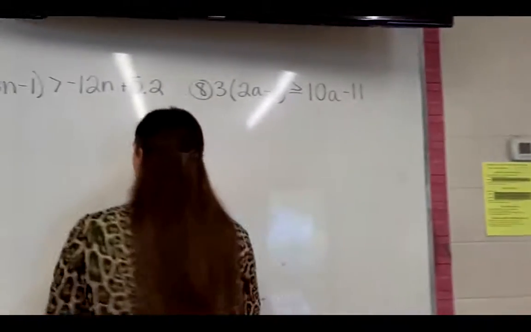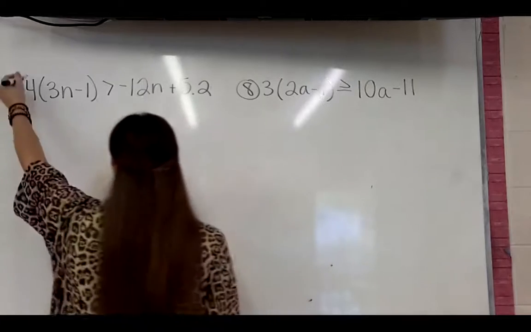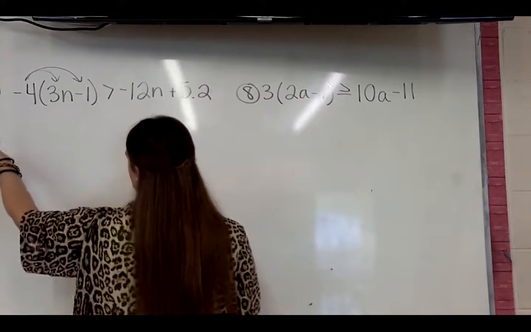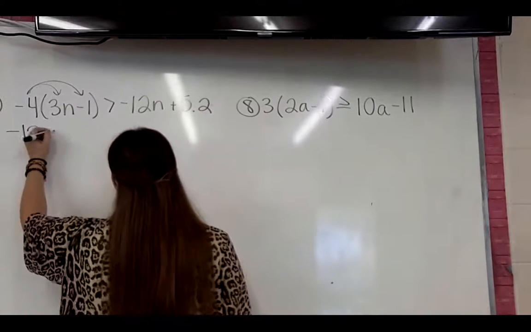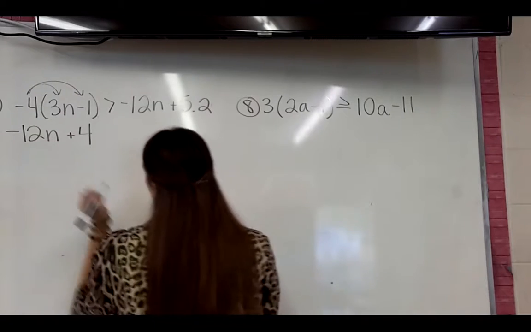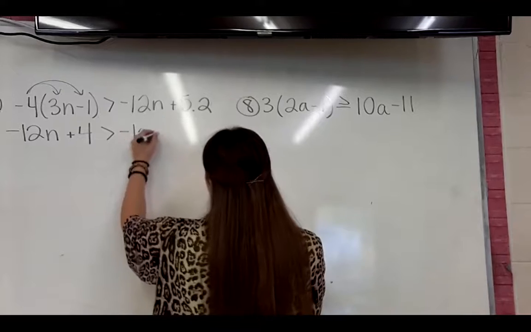Okay, on number 7. So the first thing we have to do on this one is distribute this 4 because we can't solve for what's in parentheses. So I have negative 4 times 3n, which is negative 12n. Negative 4 times negative 1 is positive 4, so plus 4. It's greater than negative 12n plus 5.2.